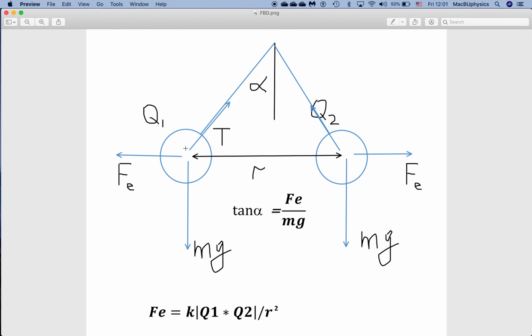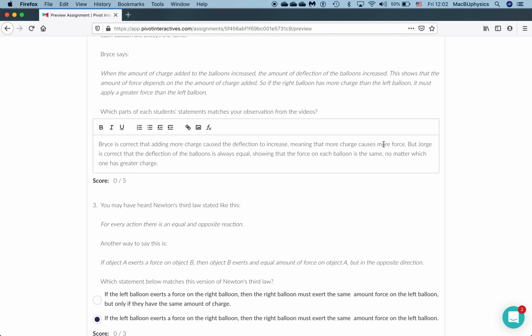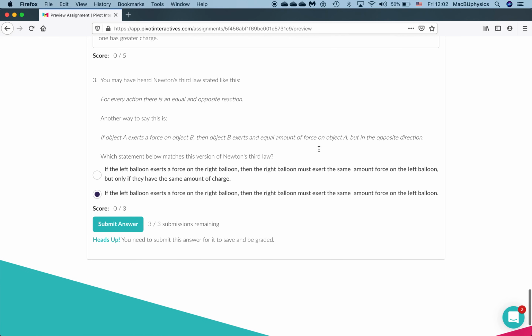Or should we compare after two forces? And if before and after, adding charge increases force. If we should compare two forces after, well, they will be identical in magnitude. So this is what you should say.